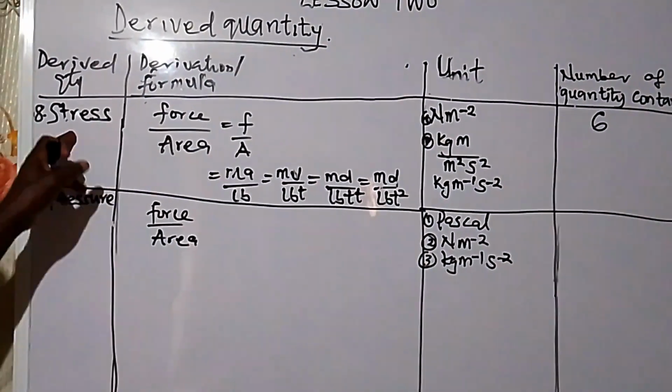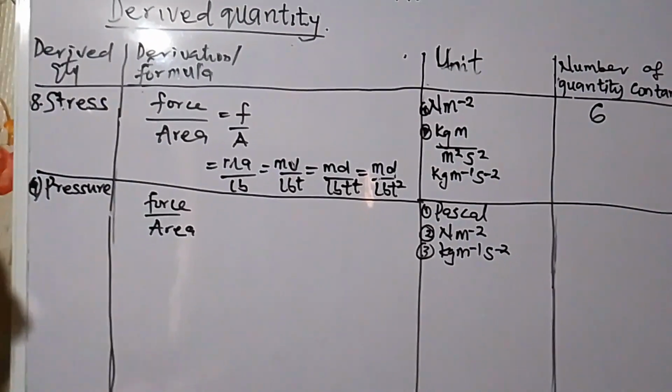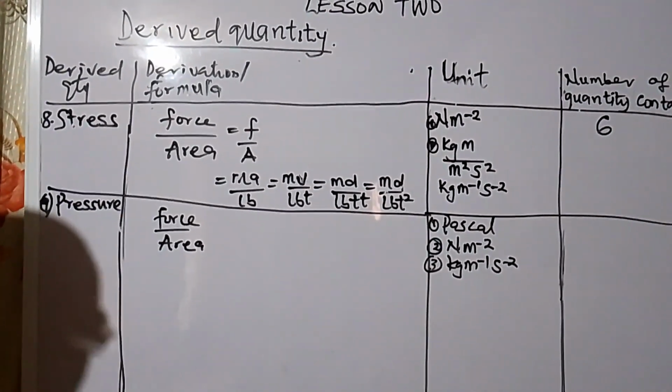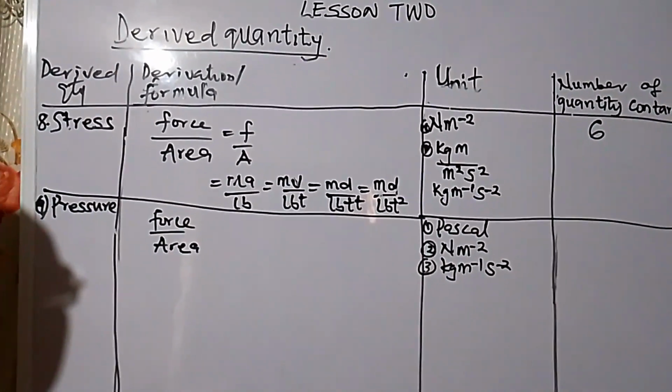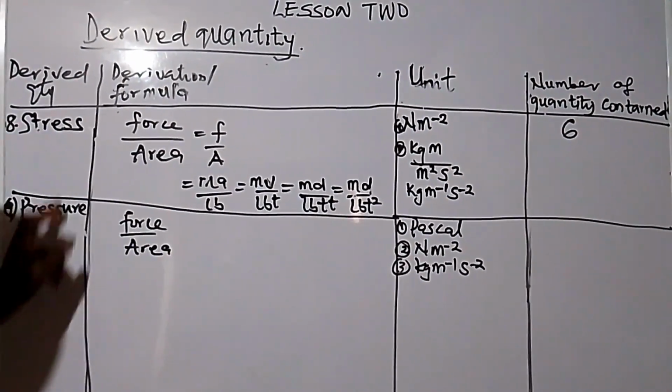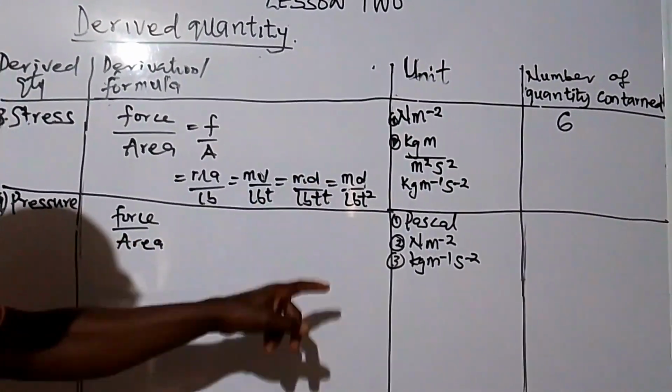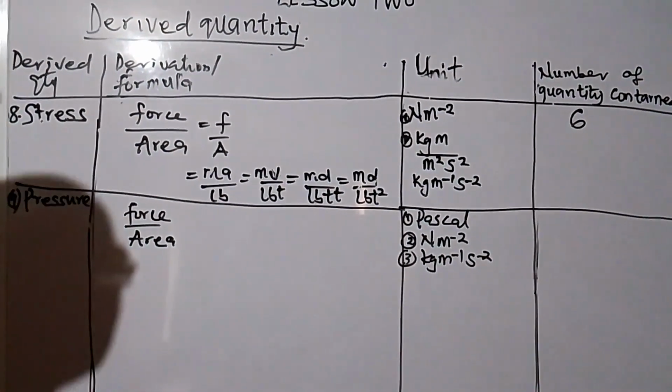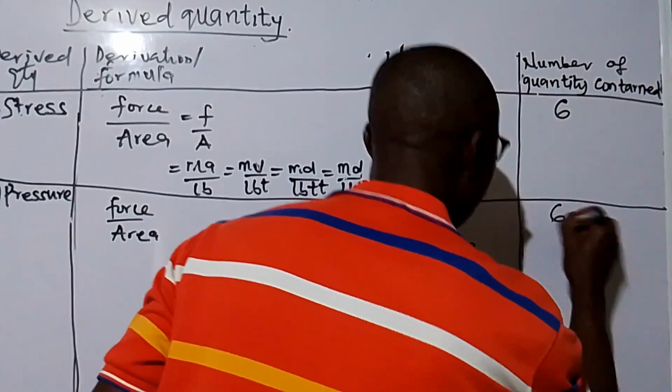As I said under stress, the number of quantities that pressure can take will be 6 quantities.